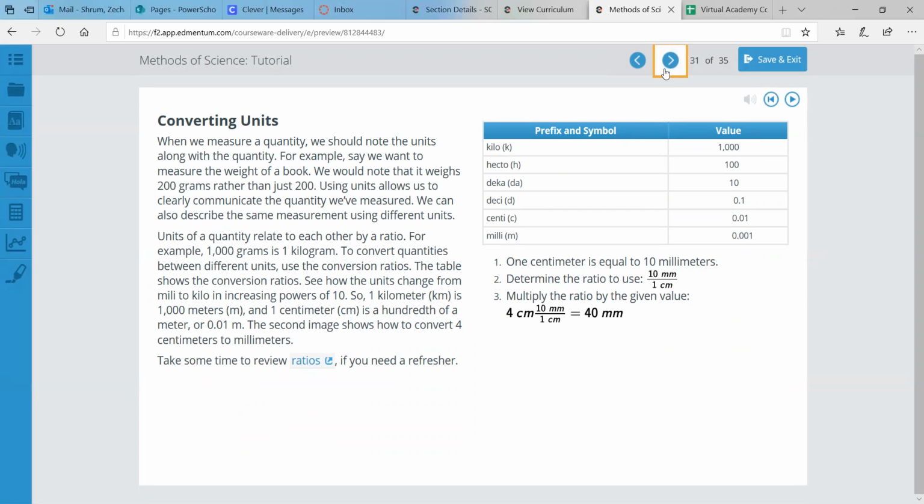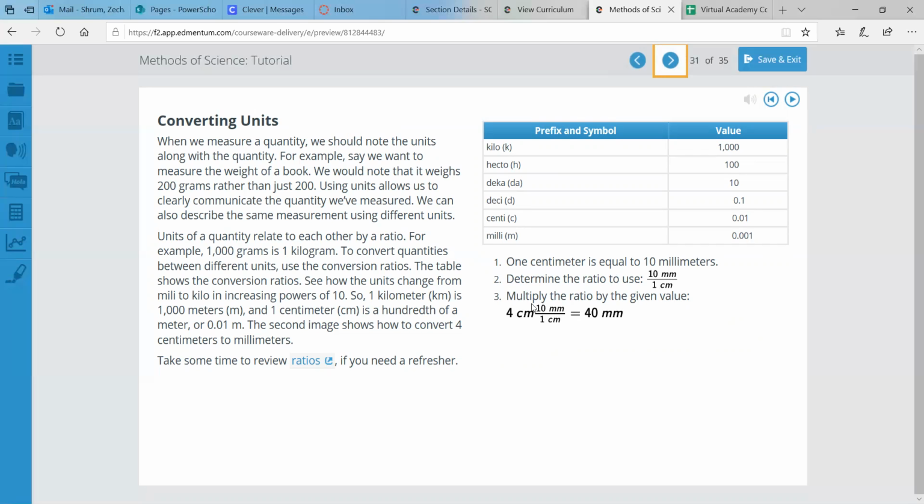And this talks about converting. This is probably the most math you're going to see in the science class. But it's just using ratios. And in this one, it shows you 1 centimeter is equal to 10 millimeters. So the ratio is 10 millimeters to 1 centimeter.